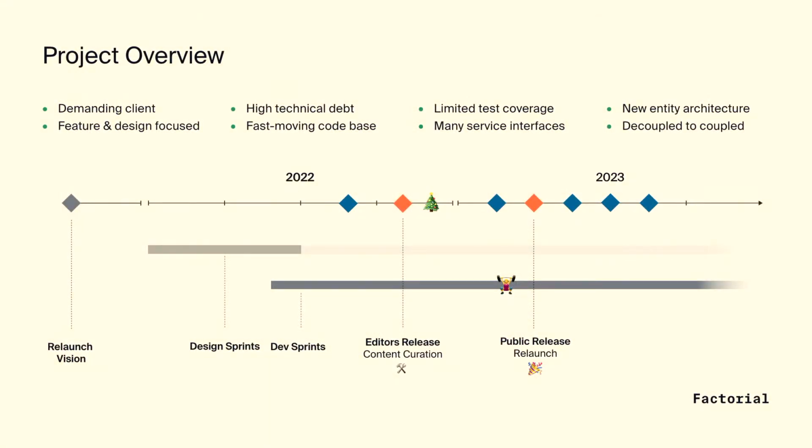So sometime in the end of 21, there was a vision for a relaunch. Okay, we really want to do this. Then some design sprints happened. And around the middle of 22, we started with development. And what I find interesting, actually before Christmas, we had an editors release. So one of the requirements by the client was we want to curate our content before we do the relaunch.